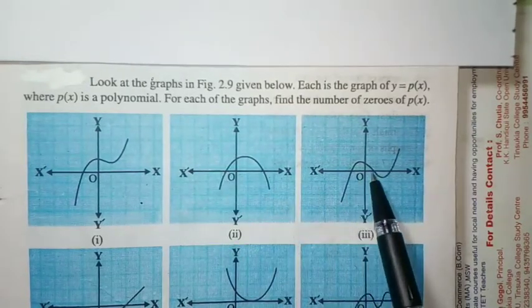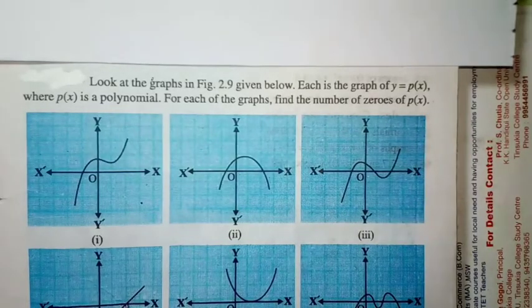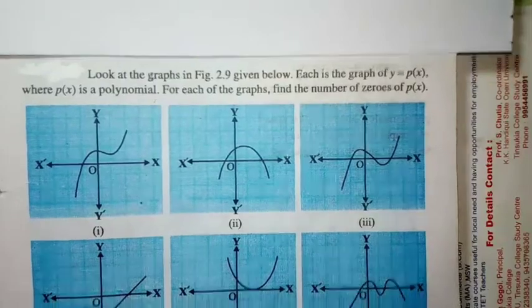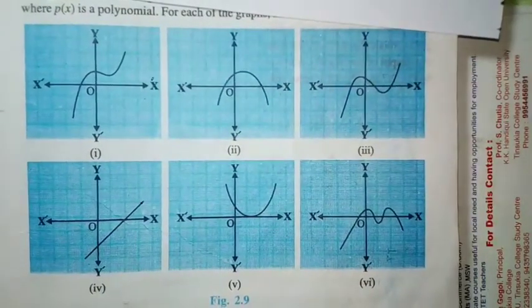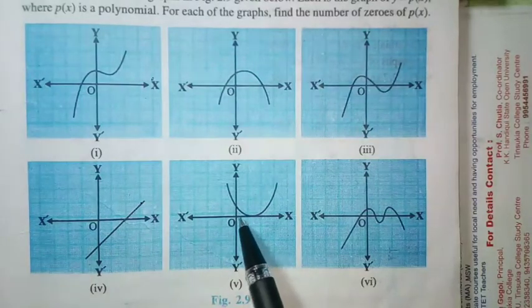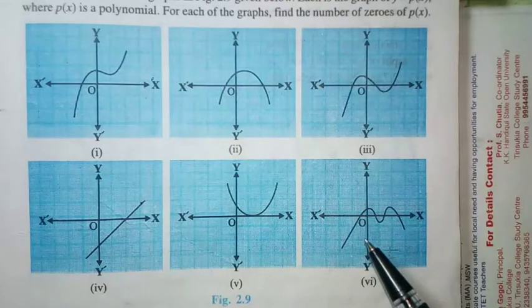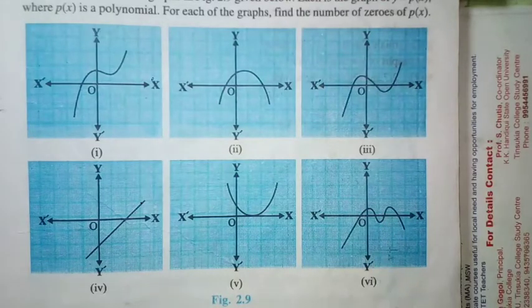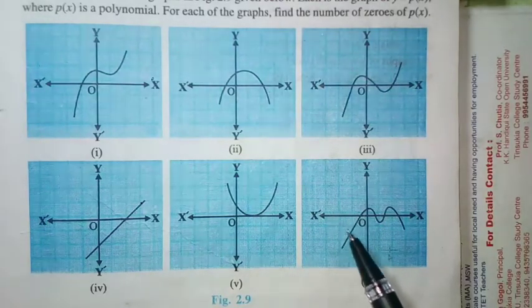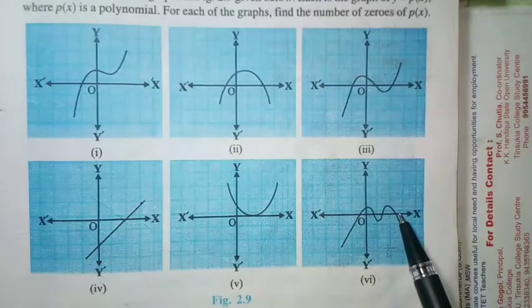In this, 1, 2 and 3, the number of zeros is 3. The next number of zeros is 1. In this figure the number of zeros is also 1. In the given graph of question number 6, 1, 2, 3 and 4, so the number of zeros is 4.